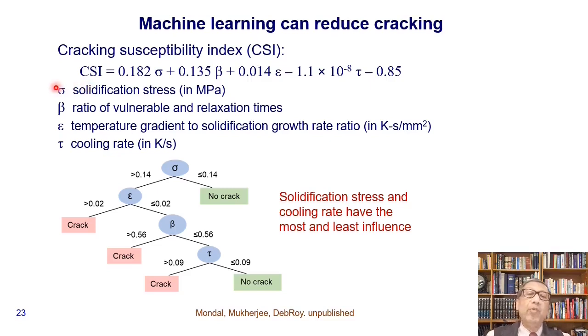Also, if we look at the hierarchy of these 4 variables, we find that the solidification stress is the most important variable, and the least important variable is the cooling rate.